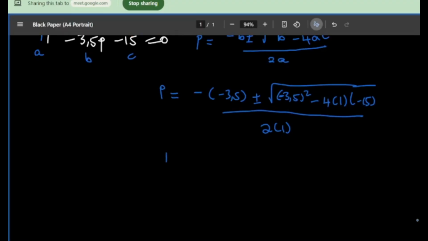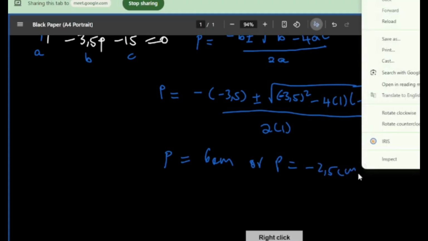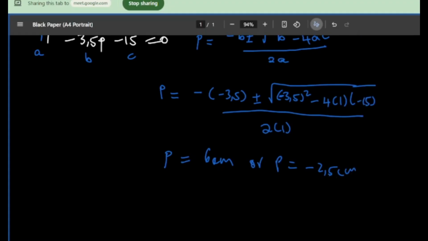Then you punch that on the calculator. You're going to get your p to be equal to what? With the plus, I get p to be 6 centimeters. Or p is negative 2.5, but I'm not interested in the negative.